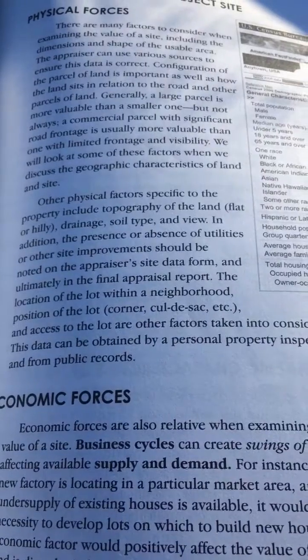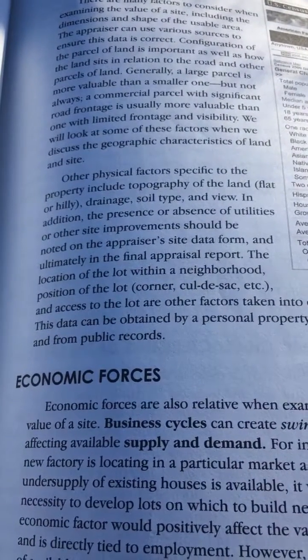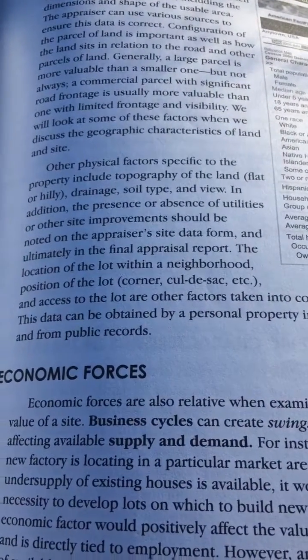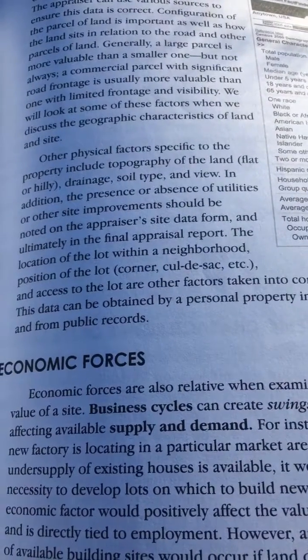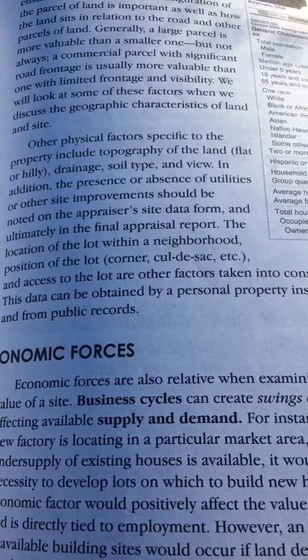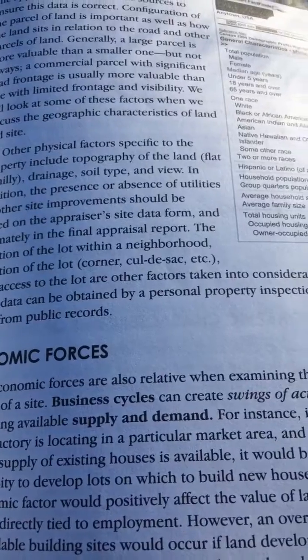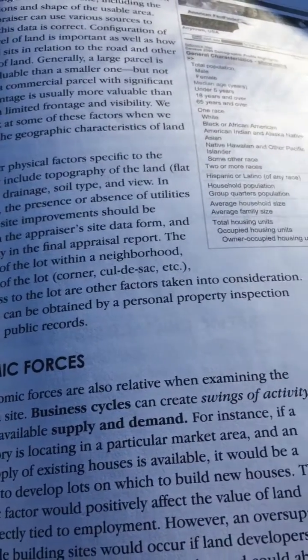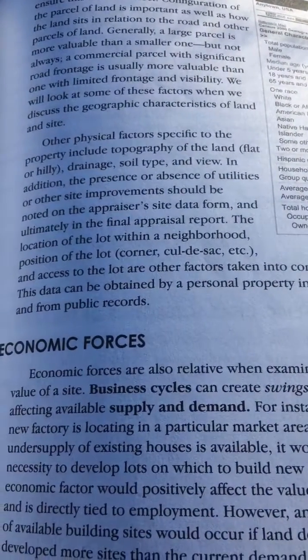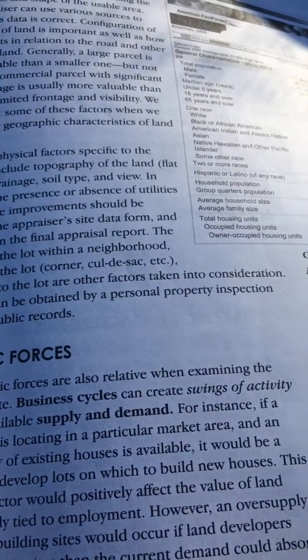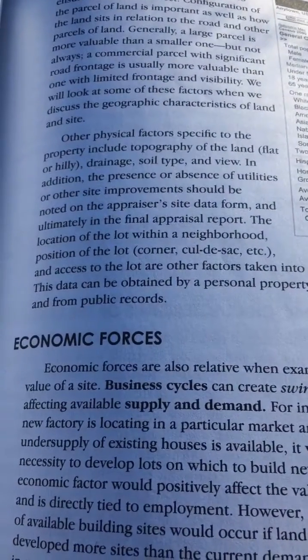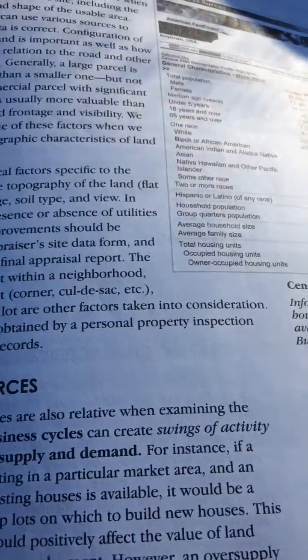The location of the lot within a neighborhood, position of the lot, corner, cul-de-sac, etc., and access to the lot are other factors taken into consideration. This data can be obtained by a personal property inspection and from public records.